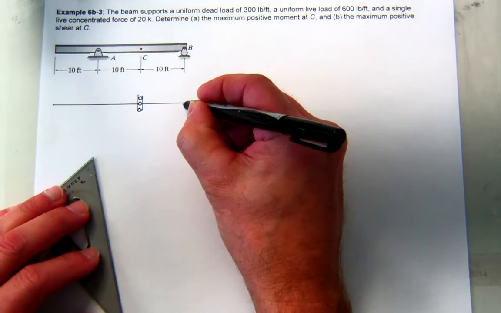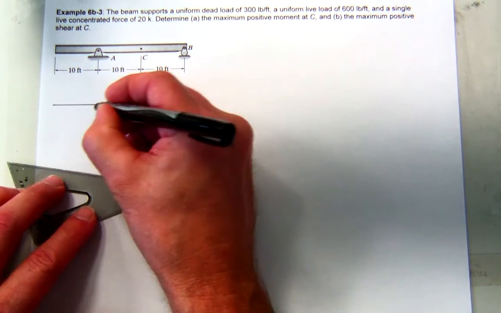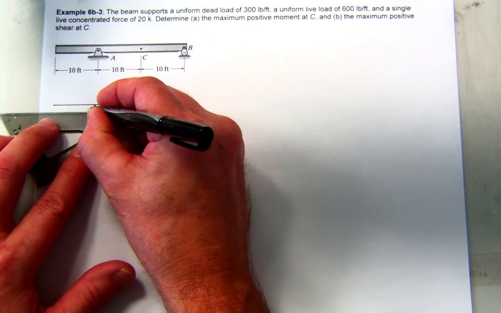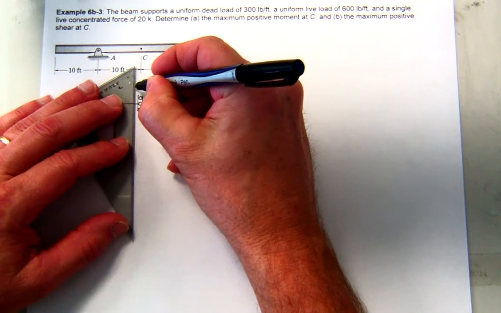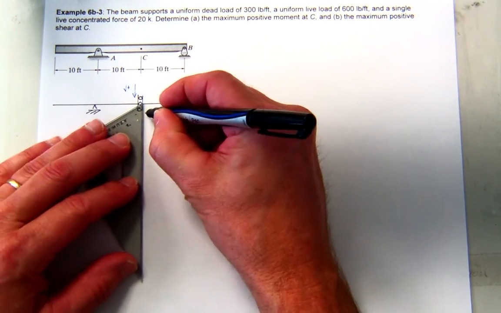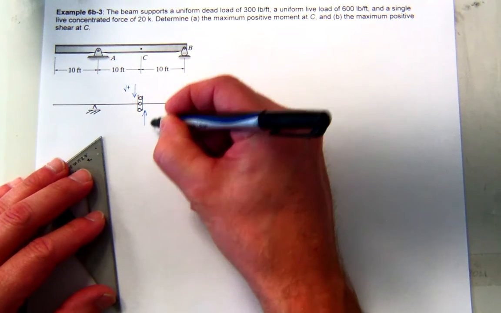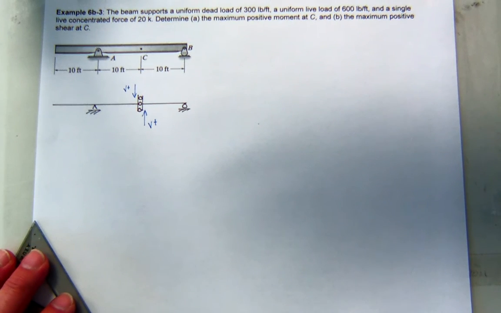Right? I still have my roller at B and my pin connection at A. Then we're going to come along and apply positive shear to both segments. And how will that move?